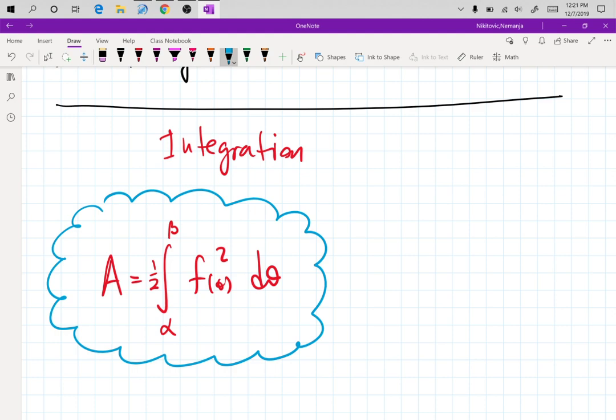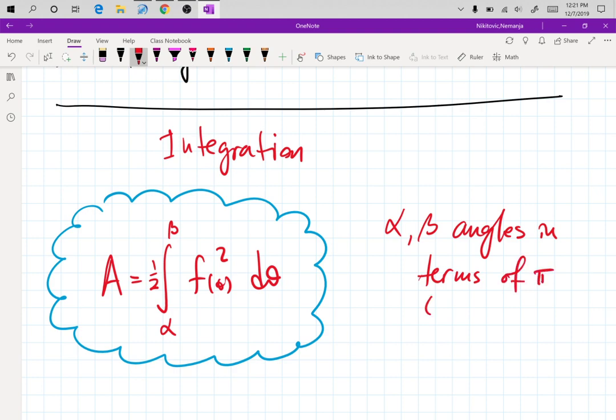Now, there's a whole proof in a book on why there is 1/2, so I don't want to dwell on that too much. What I want to dwell upon is that alpha and beta are angles in terms of pi, in radians. And in that final calculation, when you have f of b minus f of a, alpha and beta are the ones that bring pi to the party.